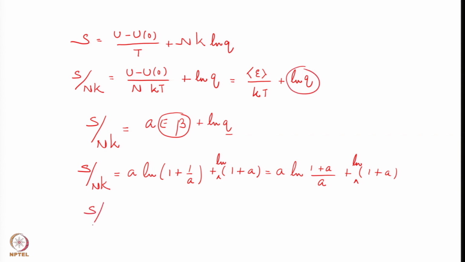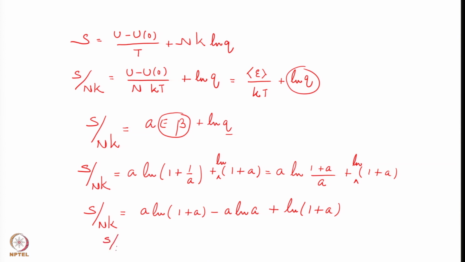So S by Nk is equal to A log 1 plus A minus A log A plus log 1 plus A.